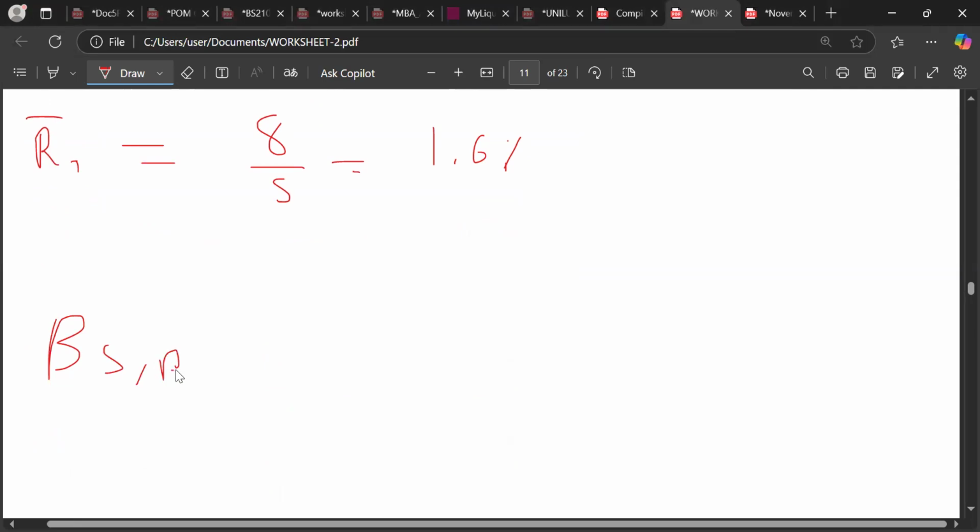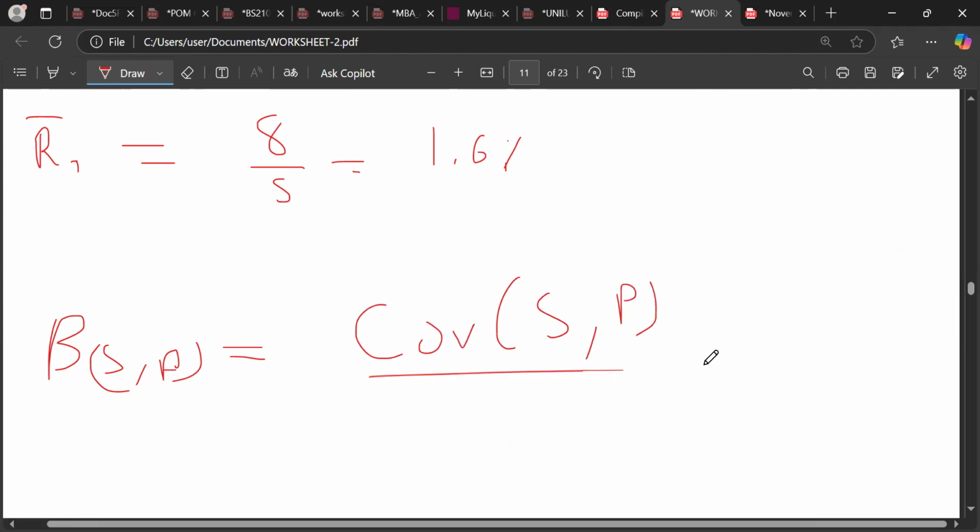Write it down here: beta will be equal to the covariance between Sophie's returns and the market proxy returns over the variance of the market proxy. This is all we need so far. Based on the formula, we need to compute our variance of the market proxy as well as our covariance. Are we okay here?